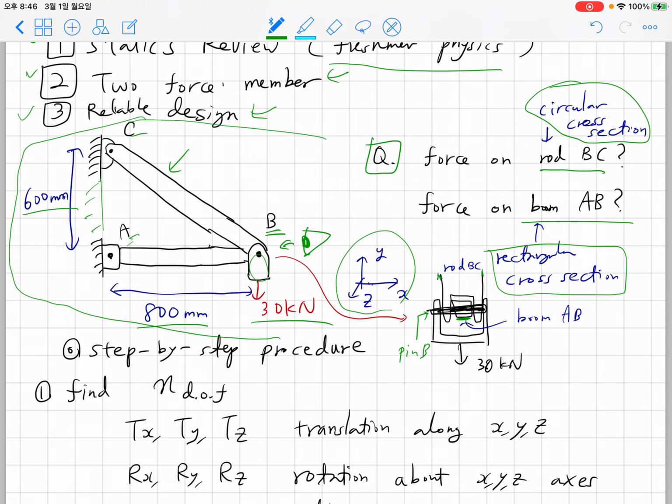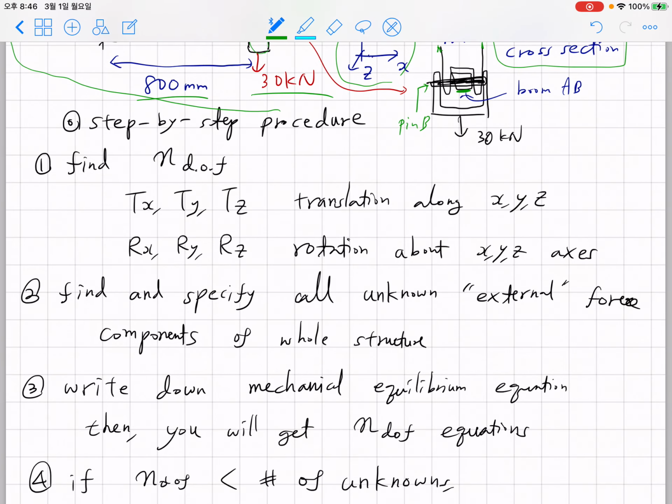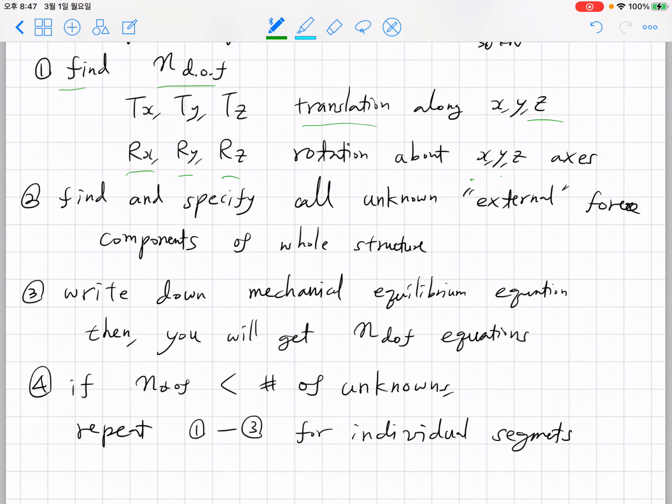The step-by-step procedure that we learned in freshman physics is the following. For the entire structure, first we have to find the number of degrees of freedom. You can think about 3 degrees of freedom for translation along XYZ, and rotation about the x-axis, y-axis, and z-axis. Second, you have to find and specify all unknown external force components of the whole structure.